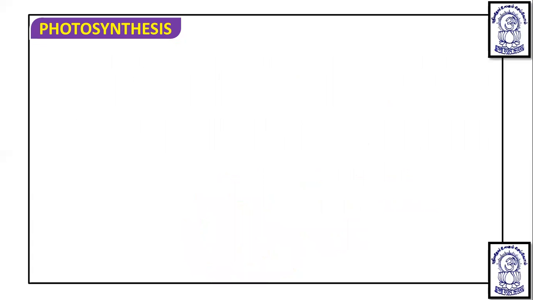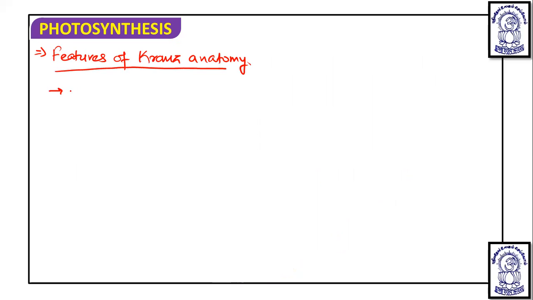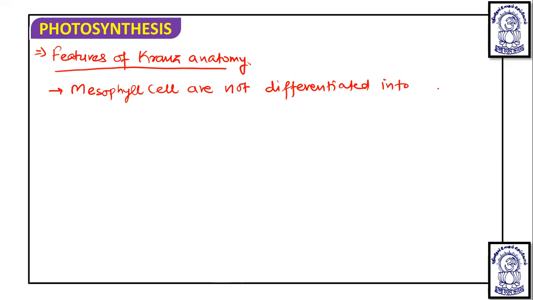Now some more features of Kranz anatomy. Here the mesophyll cells are not differentiated into palisade and spongy tissue.